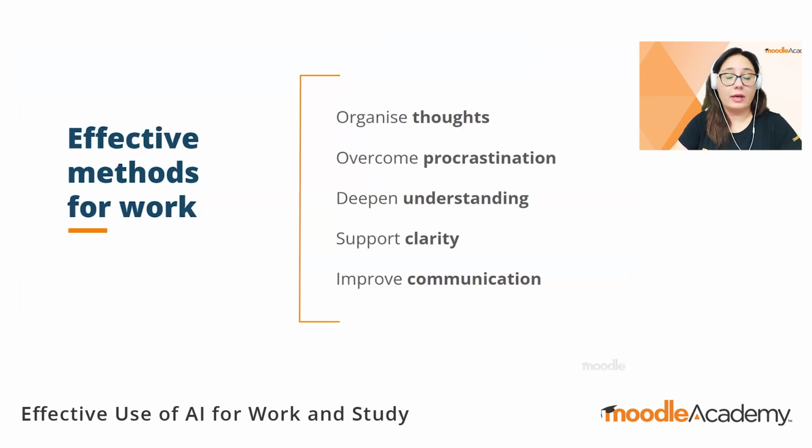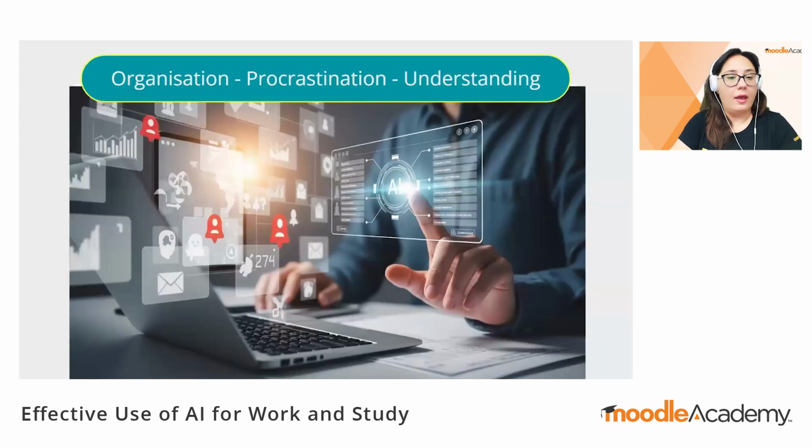AI can help you to organize your thoughts, overcome procrastination, and deepen your understanding of a topic, while it can support clarity of your writing and consequently improve online communication. Of course, all these benefits are interconnected and sometimes not easily distinguishable. But let's see things more closely.